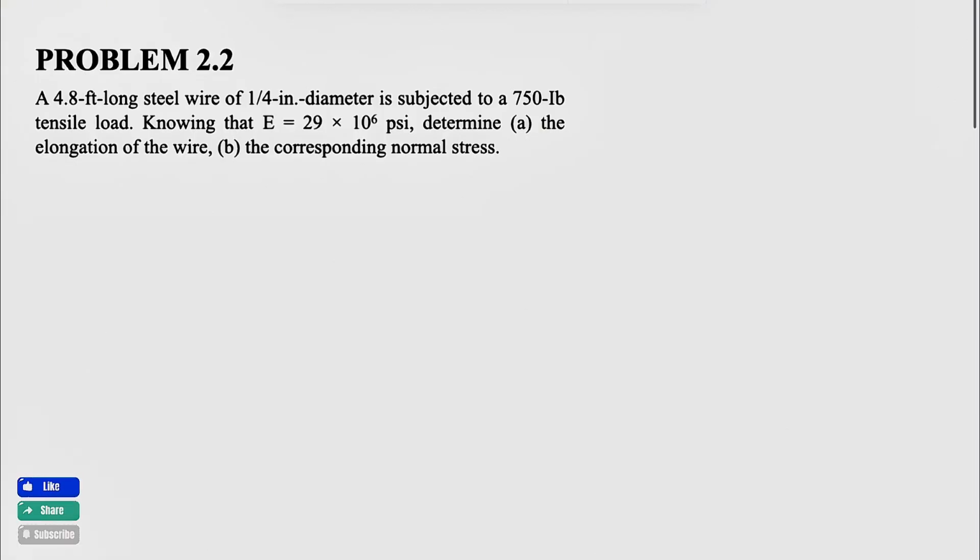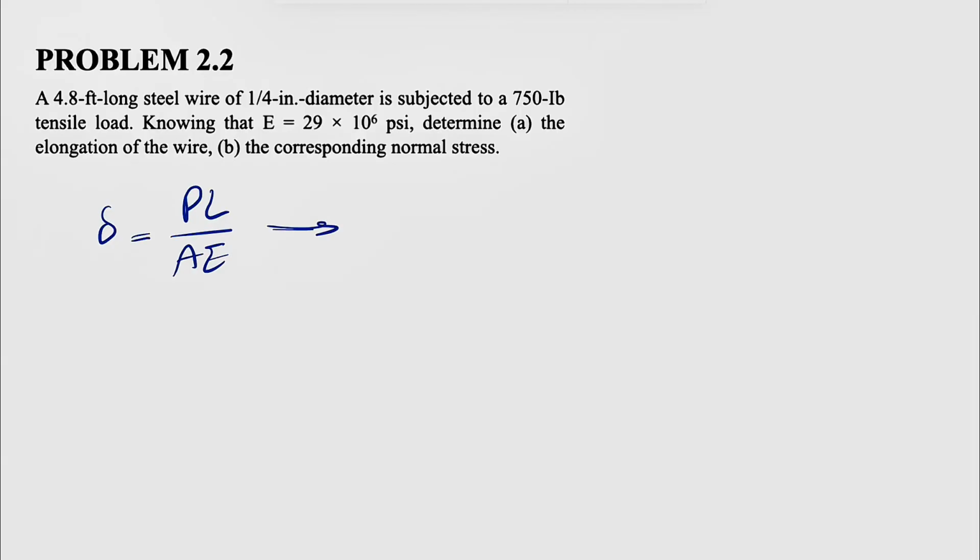So the formula that we have for the deformation is that delta is equal to PL over AE. Just want to show where this is coming from. Based on Hooke's law, the stress, sigma, is equal to E, the elastic modulus, times the strain. Also, stress is force over area, and strain is equal to the deformation over the initial length.